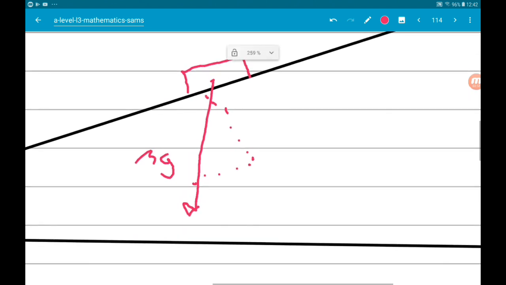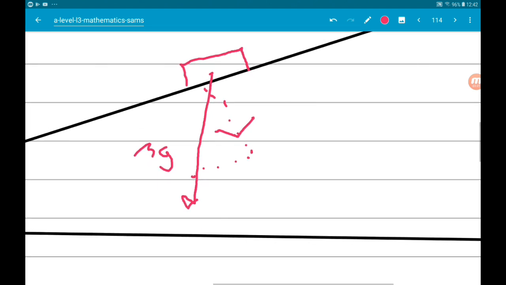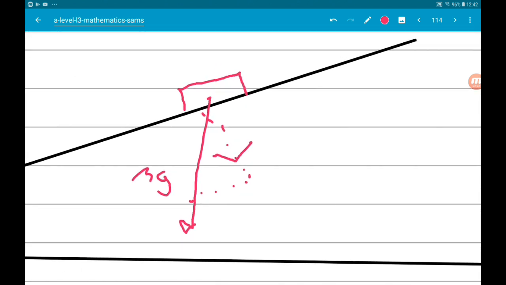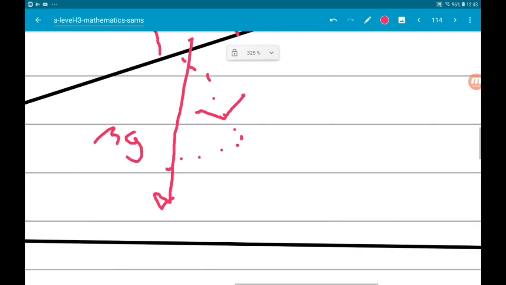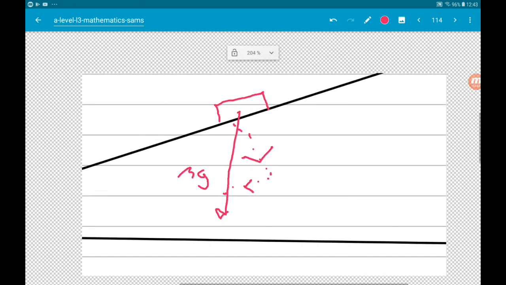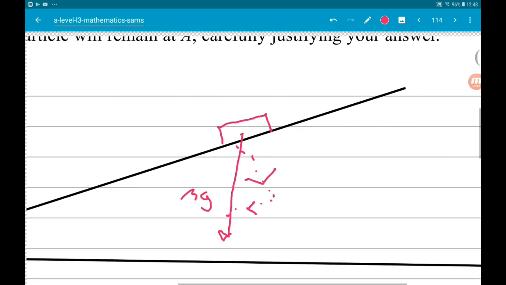So the perpendicular one is working down and to the right, and the parallel one, well, it's the weight, so that's going to be trying to push the particle back down the slope. So that's working down and left. So we'll come back to those in a moment. We also know we're going to have the normal reaction to the plane.